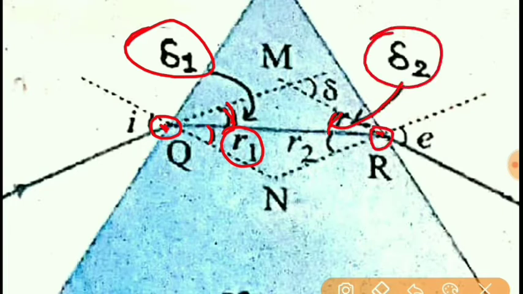Now students, here this angle is R1, the angle of refraction at this point Q, and this is deviation delta 1 at this point. Once again at this point, this is angle delta 2, the second deviation. So students, carefully look here. This is the incident ray for this surface AC.